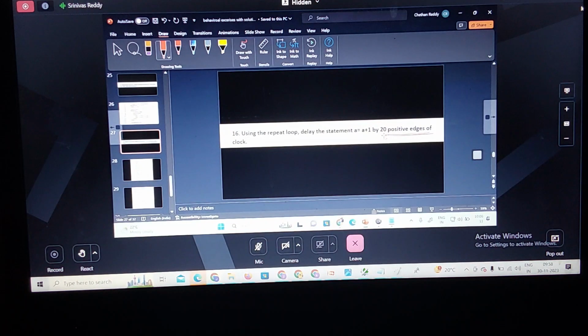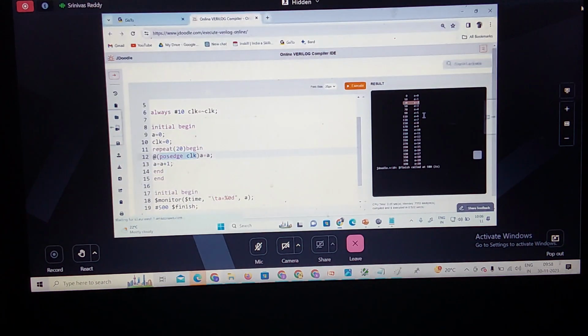We need 20 positive edges, and 20 positive edges means 20 different positive edges. But whatever output we are getting is delayed by just one total time period. It is not delayed by 20 time periods. But this is not a correct one, right?